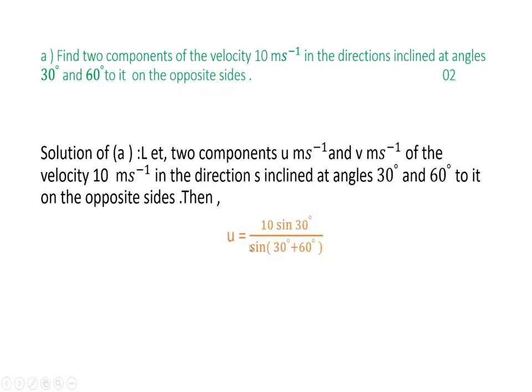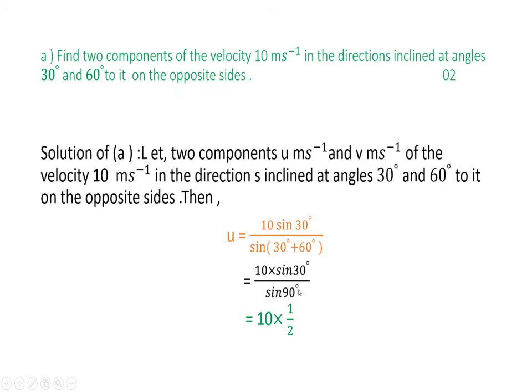Then we get u equal to 10 sine 30 degree by sine of 30 degree plus 60 degree. So 10 sine 30 degree, here 30 degree plus 60 degree equal to 90, sine 90 degree. 10 remains unchanged.